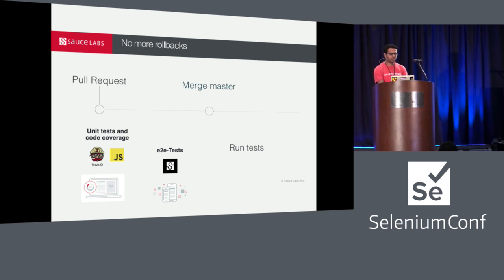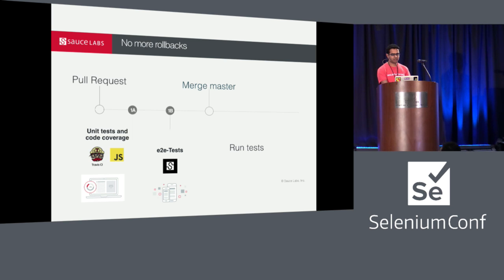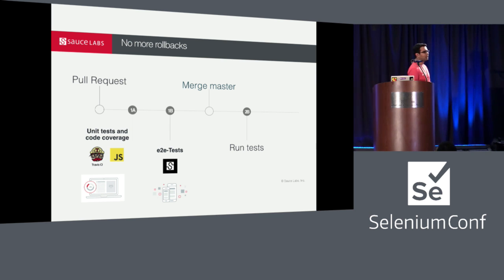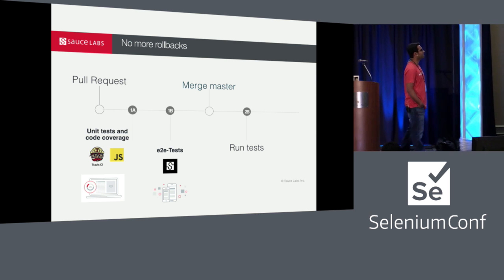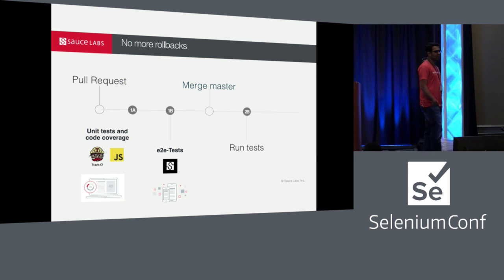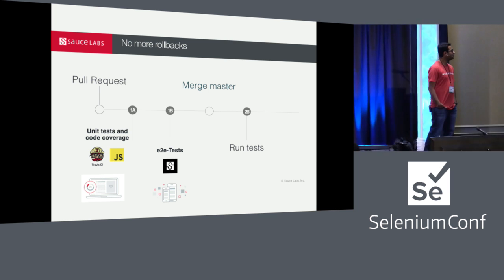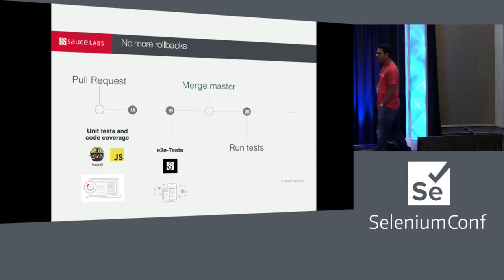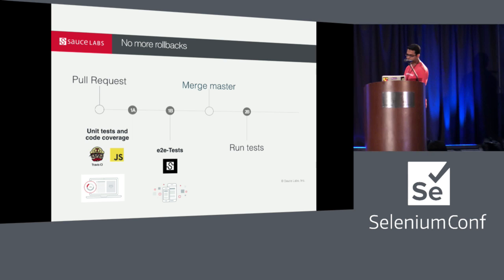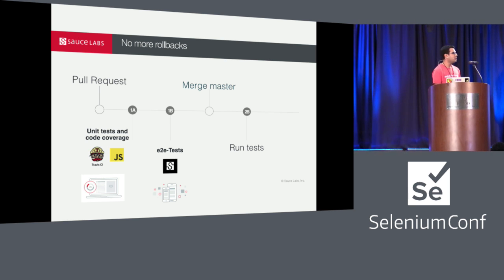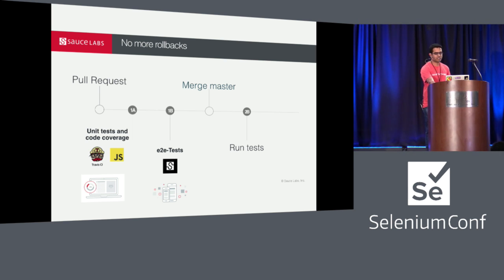So now, on each pull request, we first cut a branch out of that pull request, run all your E2E tests, run all the code coverage, run end-to-end tests on Sauce. We use Jenkins, but then it spins up a Sauce VM and it runs all your tests on an Android or iOS device.